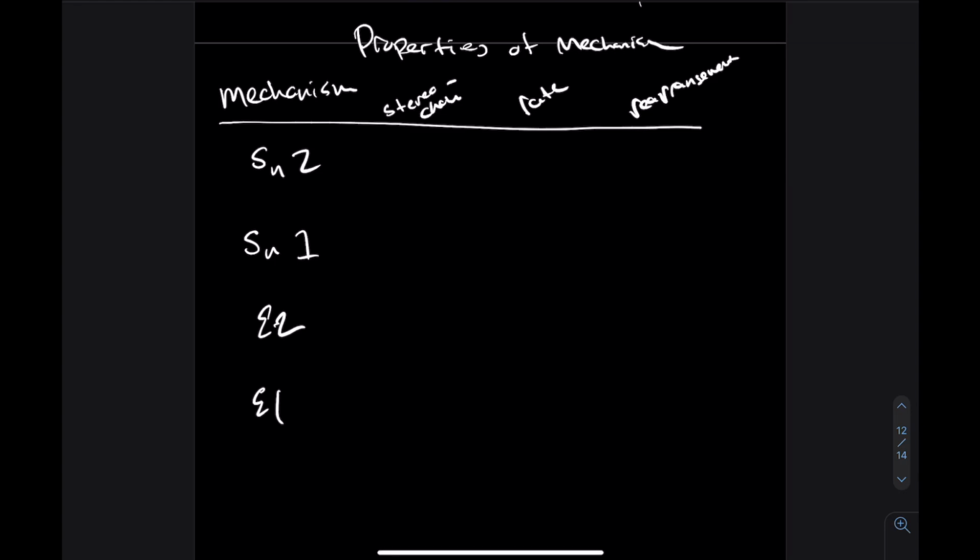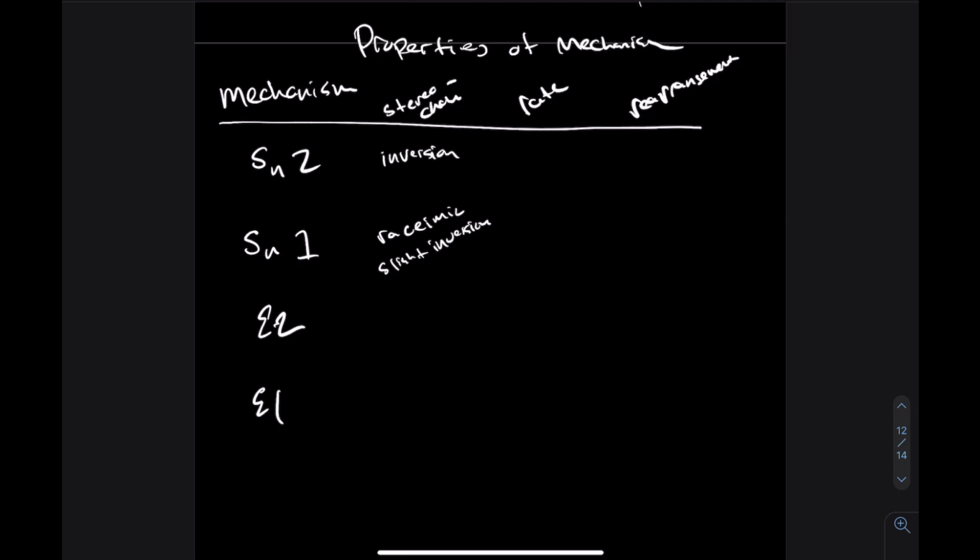All right, so in Sn2 chemistry, we said that you have inversion of stereochemistry. Sn1, you tend to have more racemic mixtures as a result. Occasionally, you do have some slight inversion, but principally racemization.